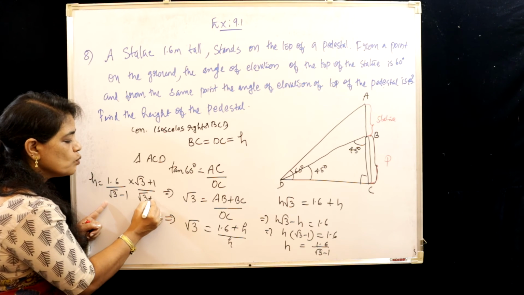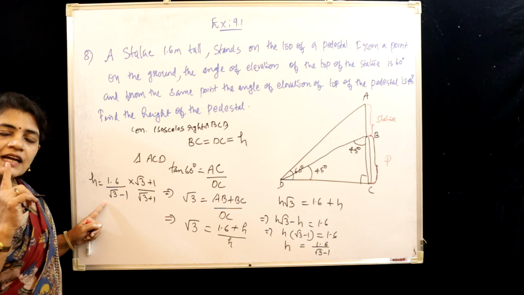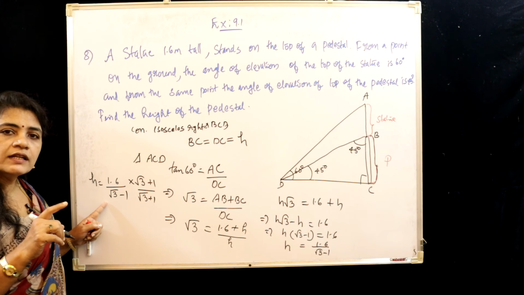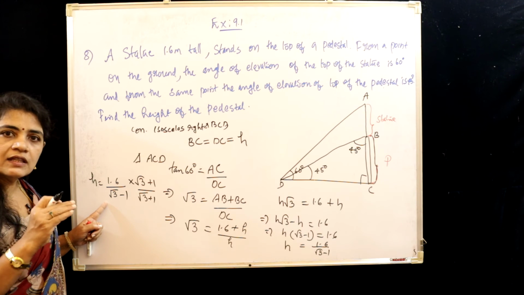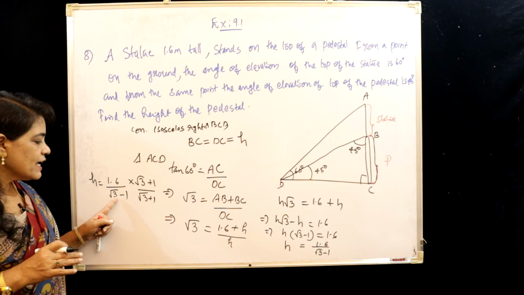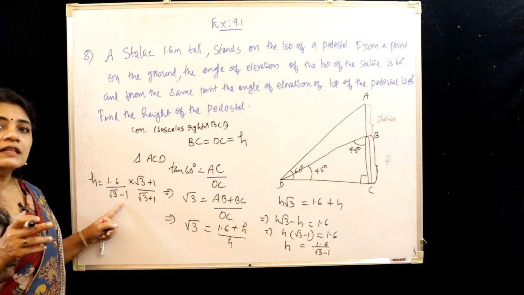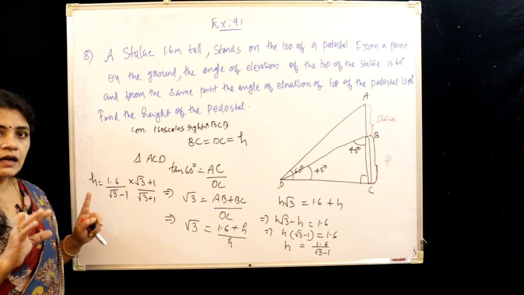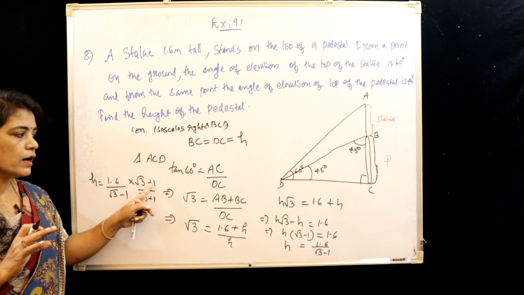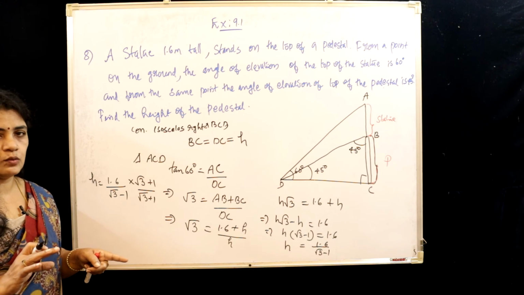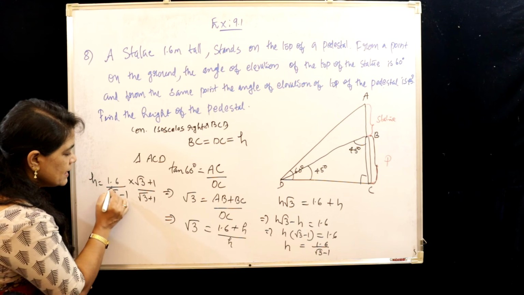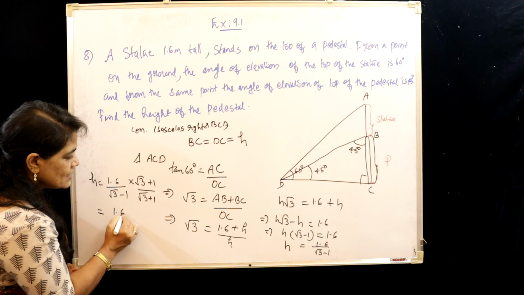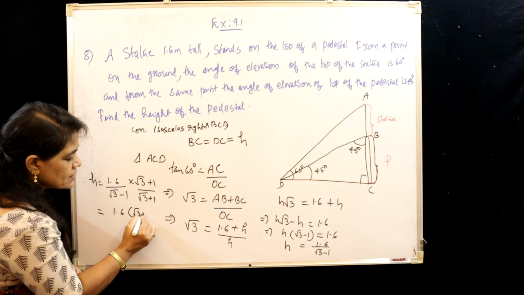If it has only one term in the denominator, we multiply and divide with that same number. But if it carries 2 terms, the rationalizing factor becomes root 3 plus 1 divided by root 3 plus 1. So you will be getting 1.6 into root 3 plus 1.